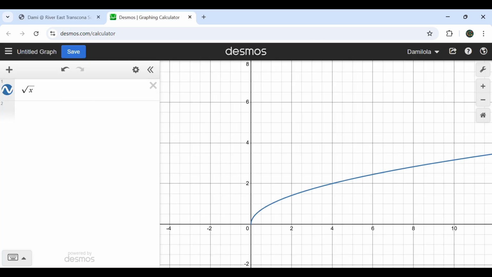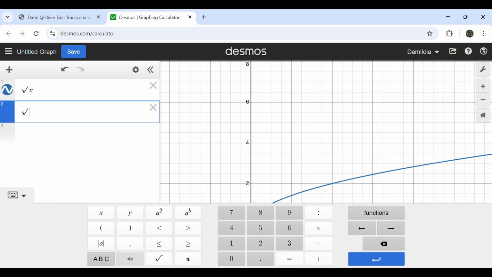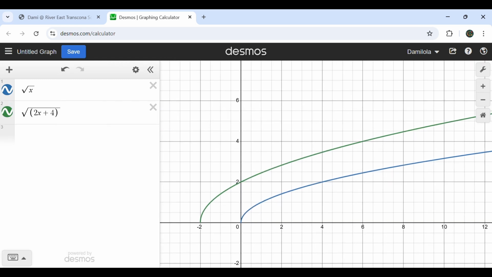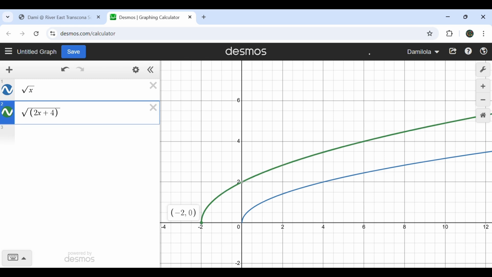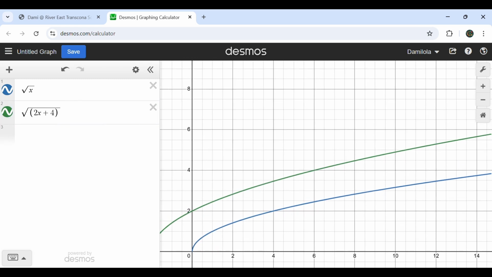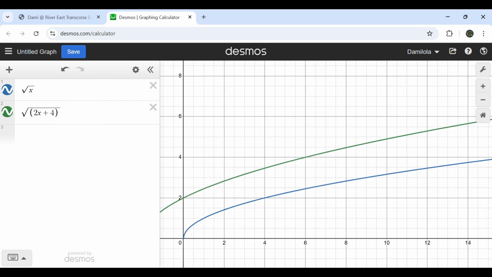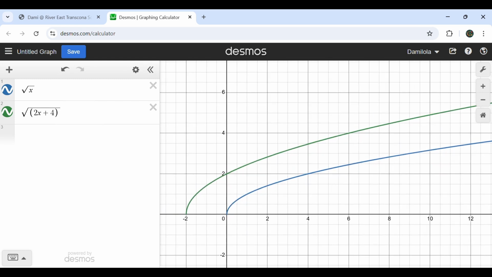So it will be (x minus 2, 1 over 2 x, y), which means it will be a fat graph. So let's do that. Square root of 2x plus 4. As you can see, it's moved left by 2, and it became doubled in size, as we can see by this.